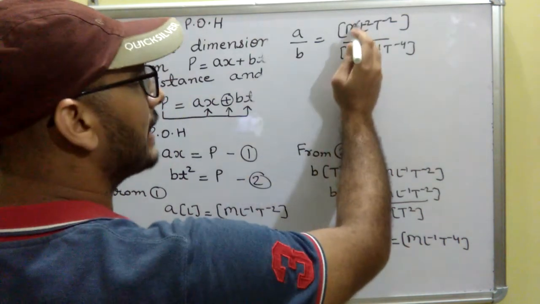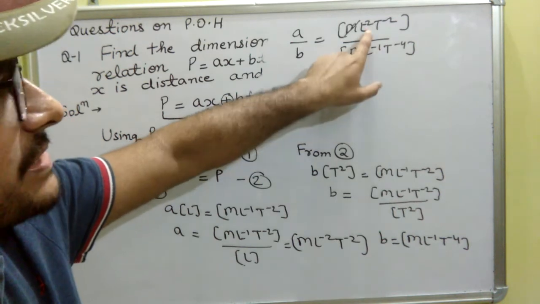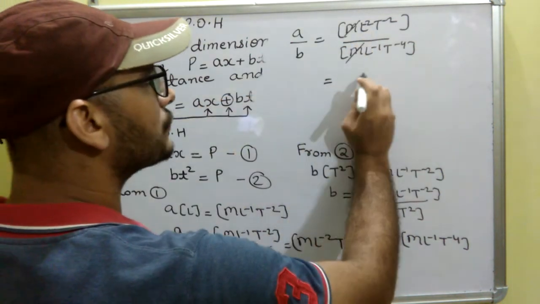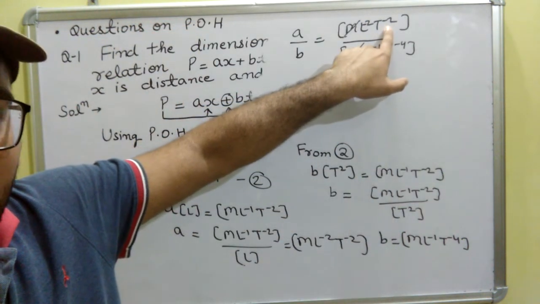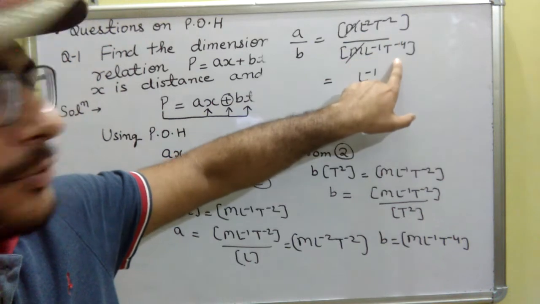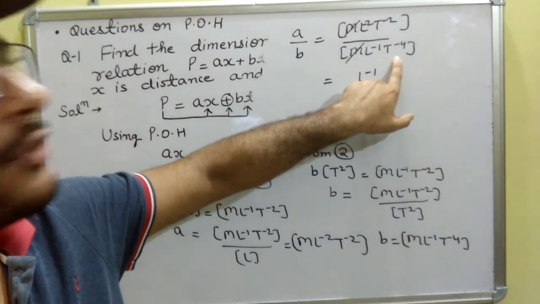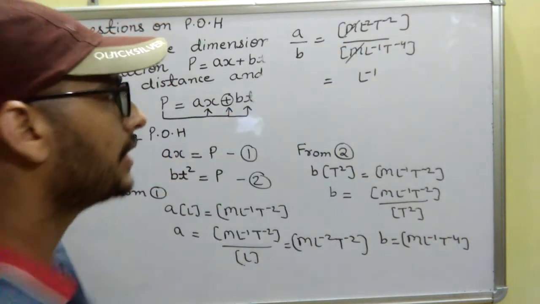So this M will cancel with this M. Now L^-1 we have in the denominator and this is L^-2, so when we cancel, we get only L^-1. Now in the numerator you have T^-2, and in the denominator you have T^-4. So we cancel and we will have T^-2 in the denominator.